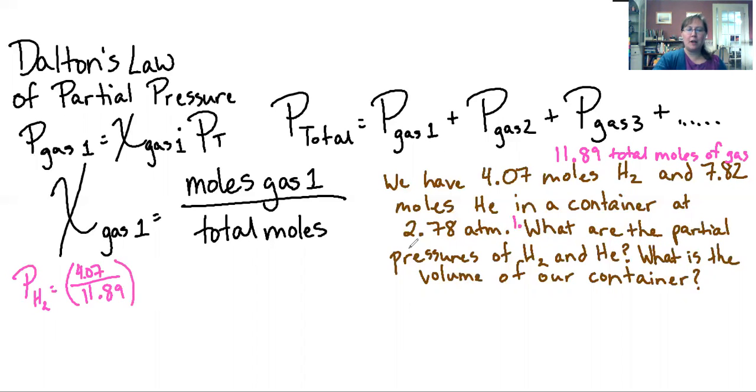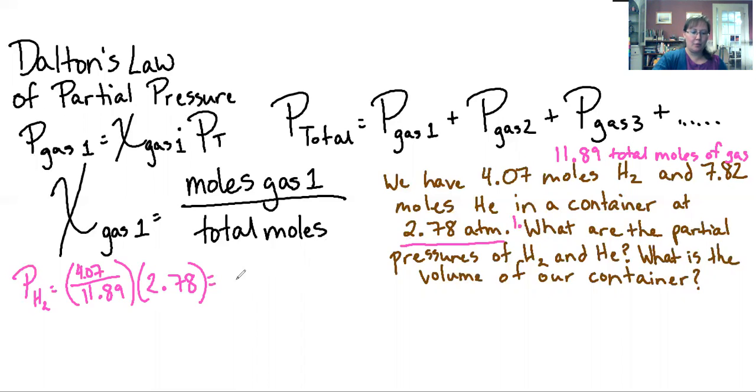And now we're going to multiply that by the total pressure of the chamber, 2.78. So we say, okay, 4.07 divided by 11.89 times 2.78.